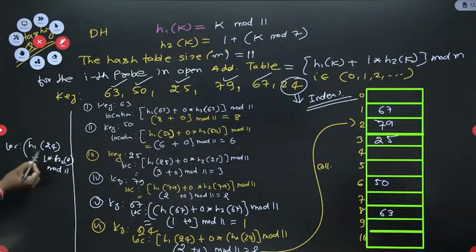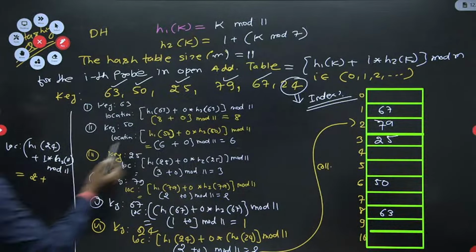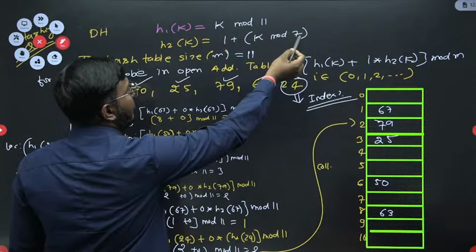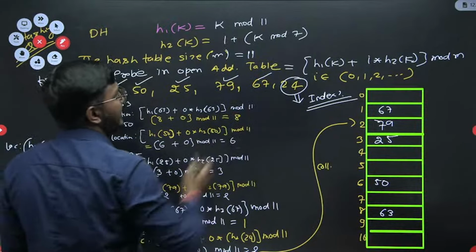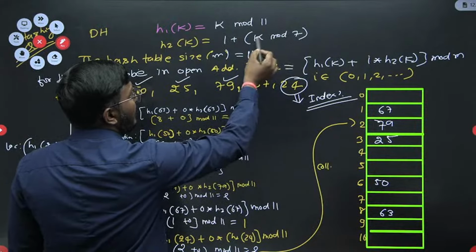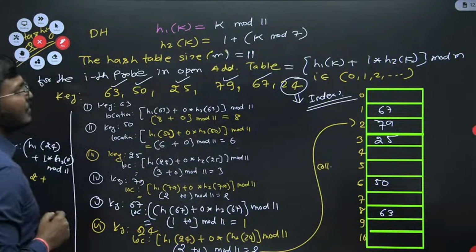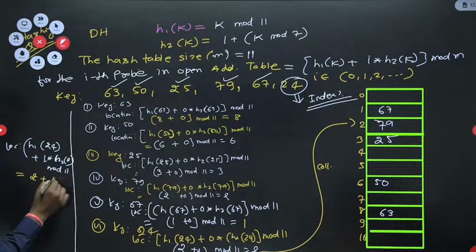It is nothing but 2 only. So 2 plus, what is h2 of 24? If you pass 24 here, this is nothing but 1 plus 24 mod 7. 24 mod 7 remainder is 3 only. 3 plus 1 is 4. Here it is mod of 11, so it is 6 only.